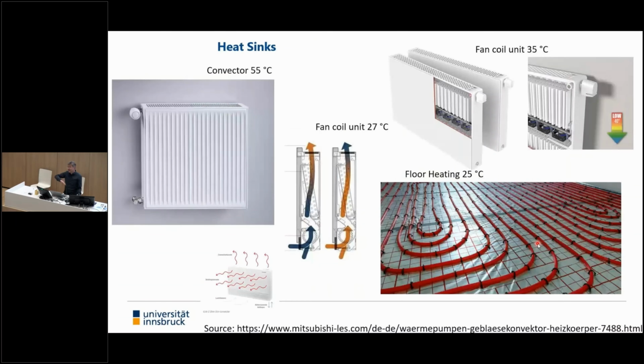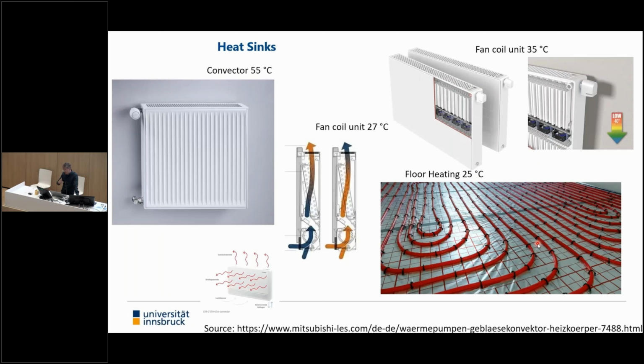And now to the other side, what's inside your building? How do you heat your building? Normally, I think most of you have some radiators at home. These are in the temperature range of around 50, 55 degrees centigrade. As you know, heat pumps want to have low temperatures. That's the best way for the high efficiencies.